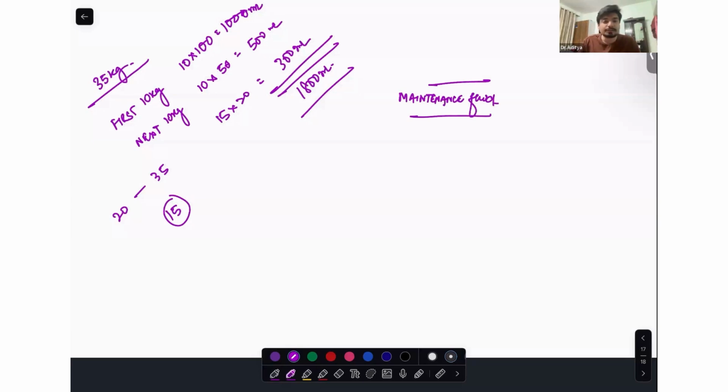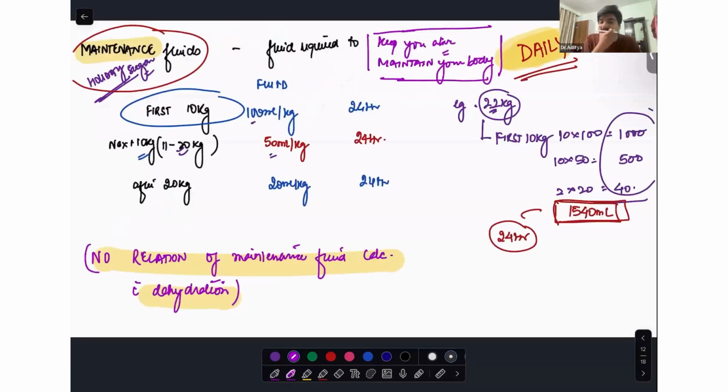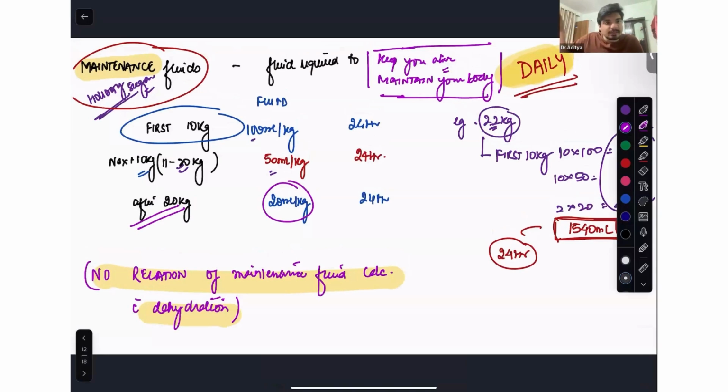So we took an example of 35 kg. 35 minus 20 is 15 kg extra above 20. So 15 into 20, 20 ml per kg, is 300. So 1500 plus 300, 1800. This is how you calculate.